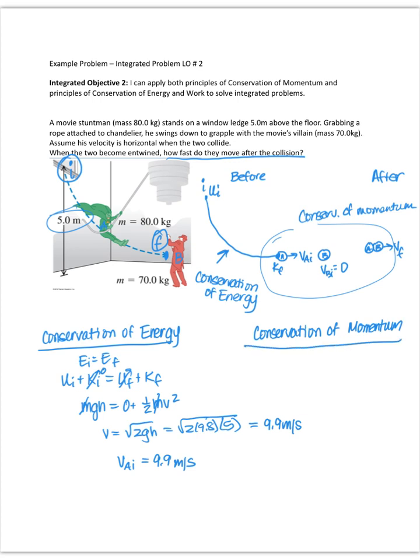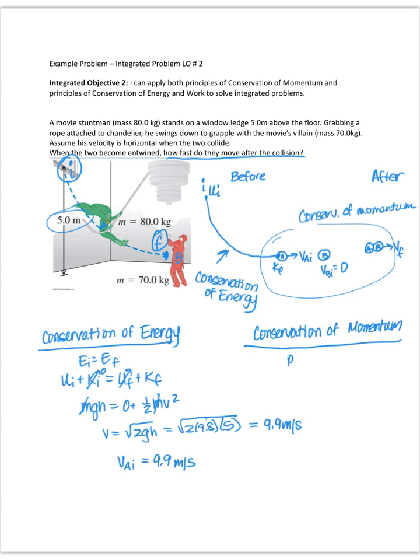In the second part of the problem, the stuntman is moving with a speed of 9.9 meters per second. He's going to hit the villain, who's not moving at all, and then the two will move off as a single object. This is a perfectly inelastic collision.